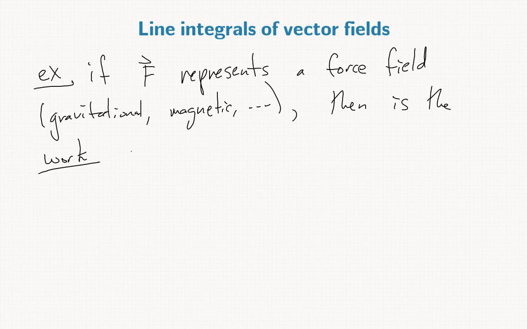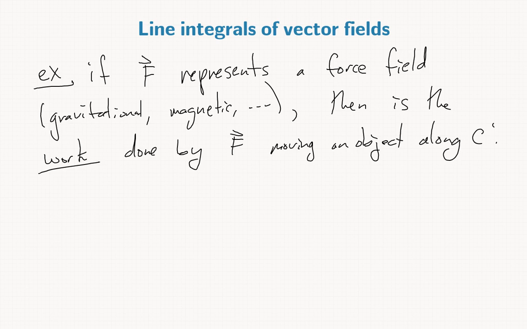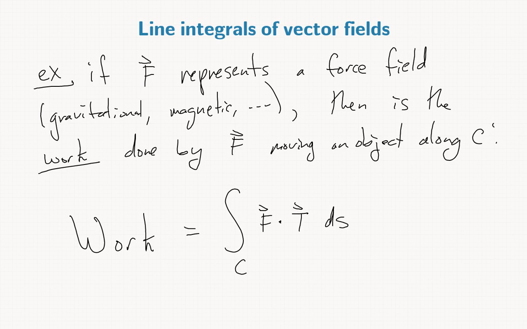This is calculating the work done by F in moving an object along C. So work is equal to the integral of F dot T ds.